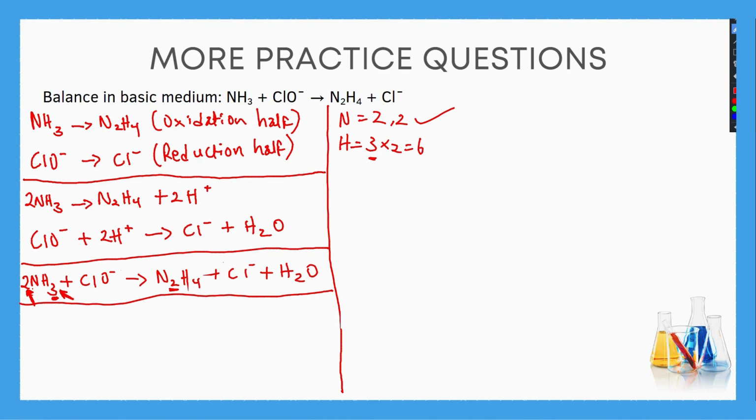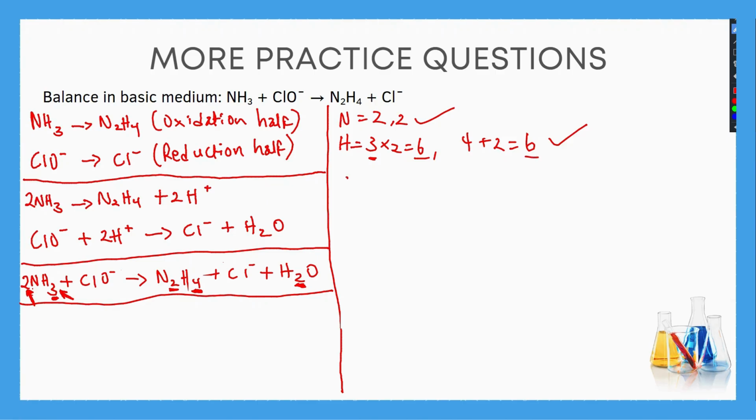On the left-hand side, we have 6 atoms of hydrogen. On the right-hand side, how many do we have? We have 4 over here, 4 atoms of hydrogen, plus over here in this H2, we have 2 atoms of hydrogen. 4 plus 2 gives us 6. Hydrogen is also balanced. Left side 6, right side 6.